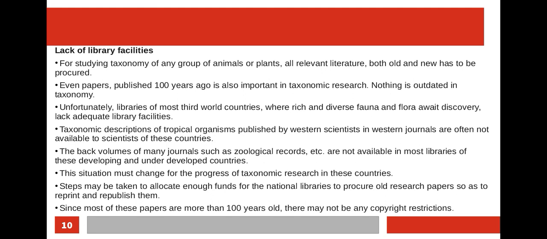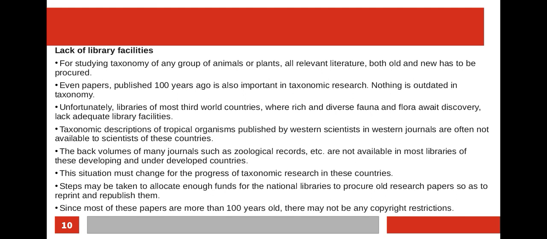Then, lack of library facilities for studying taxonomy of any group of animals or plants. All relevant literature, both old and new, has to be procured. Even papers published 100 years ago are also important in taxonomic research, because we know the law of priority in naming, for names published after 1758, is most relevant.